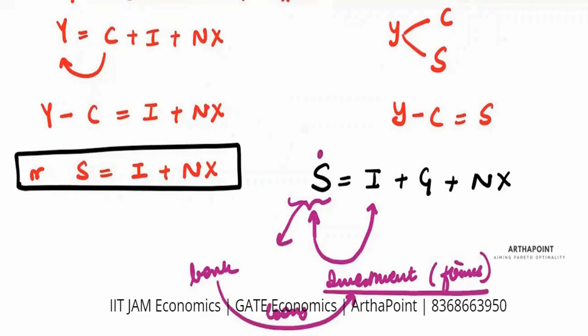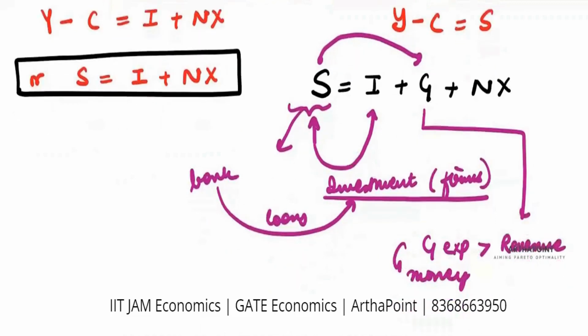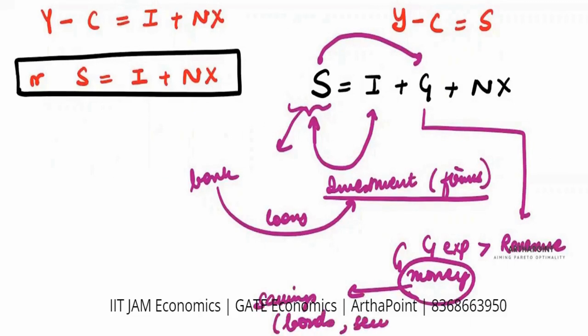Second, savings can be used by the government sector. How? Whenever the expenditure of the government is more than the revenue, the government needs money. And to fund the expenditure, this money is going to come from the savings of the people. Government will issue bonds in the market. Government will issue securities in the market, and therefore will use the savings of the people.